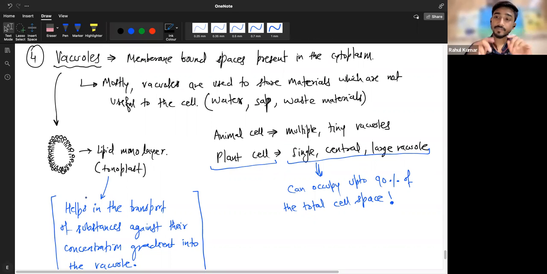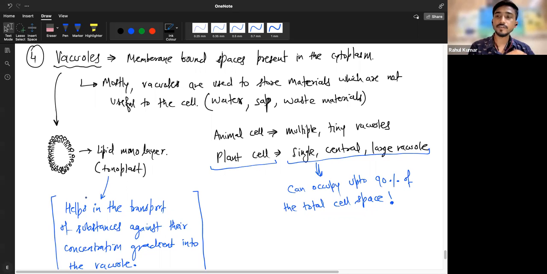Remember the cell membrane? The cell membrane is a lipid bilayer. It has two layers. That's why through protein channels or through diffusion against the concentration gradient, you can make things move in and out of a cell membrane. But in vacuoles, whenever a plant or animal puts something in, most of the time it is a useless substance. Very few examples are there where we use vacuoles for useful things.